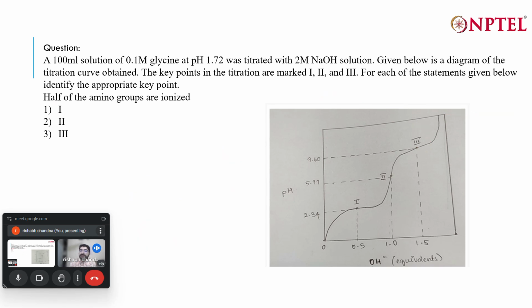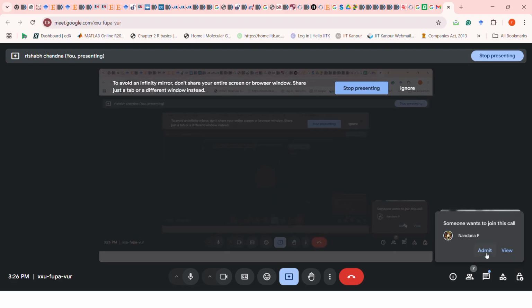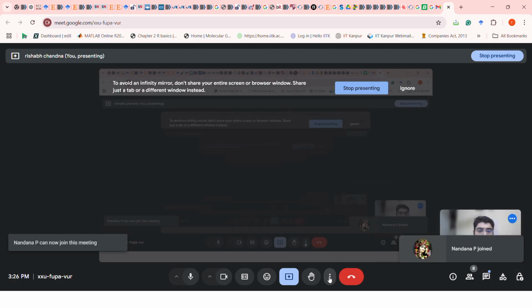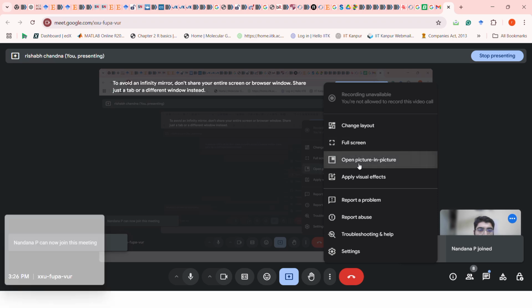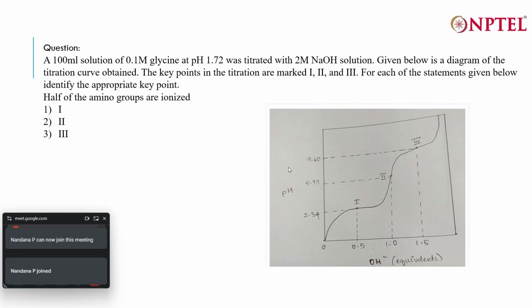So moving on to the next question: half of the amino groups are ionized at which of the points? Okay, anybody else?